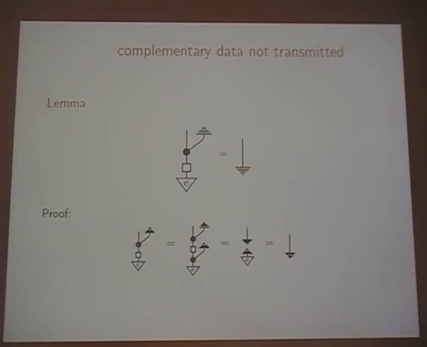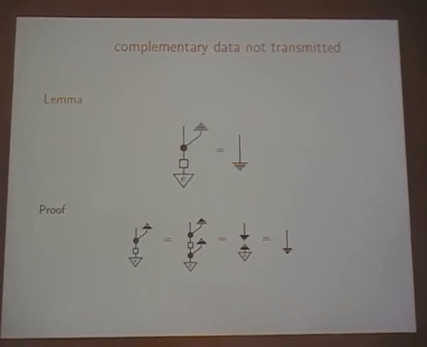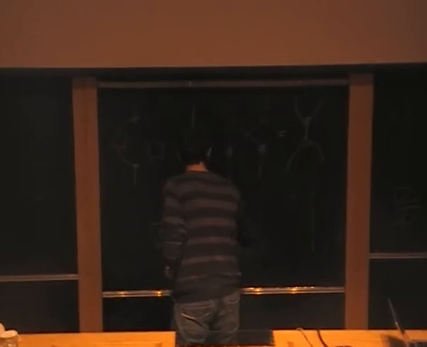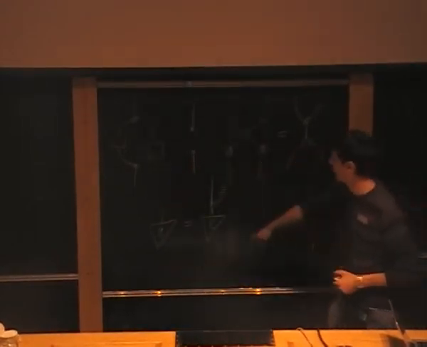So the proof is as follows. The first step uses the fact that the classical information is transmitted. This is the element that we have seen before. We know that the classical element is transmitted by the classical channel.